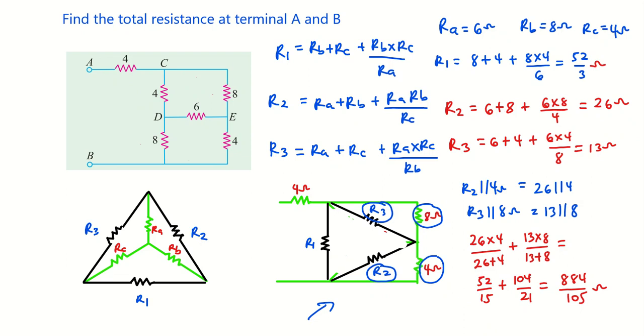So this value here will now be in parallel with R1, and we know R1 to be 52 on 3. So let's do the calculation. Let me free up some space here.